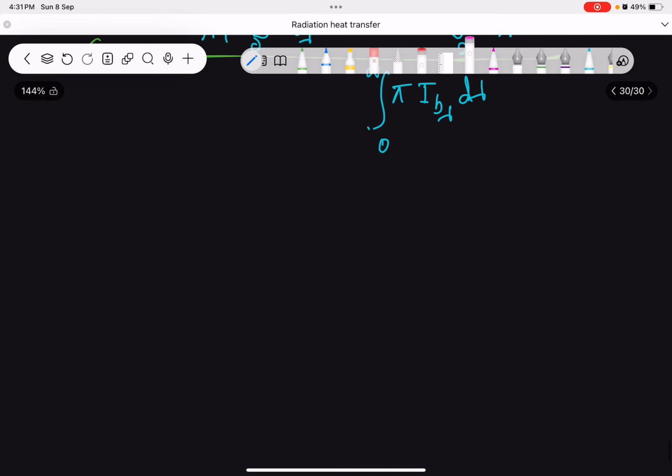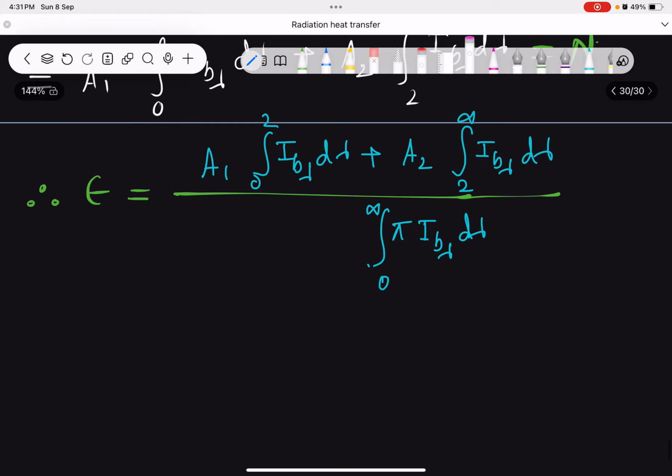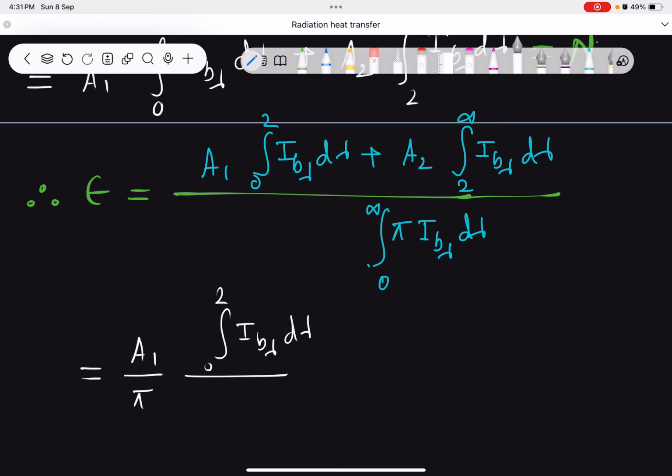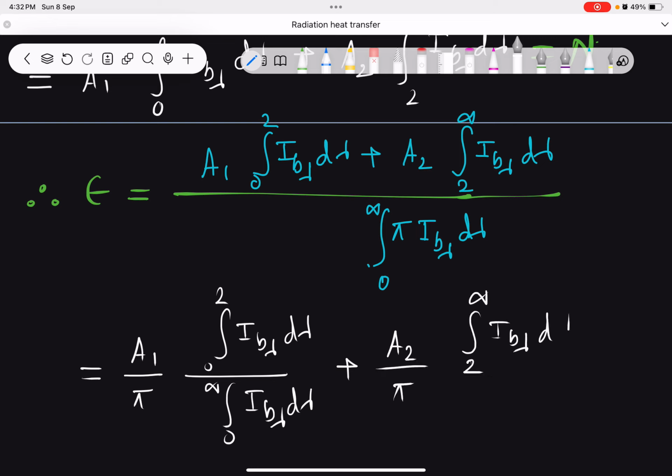Let me write it clearly. This thing is equal to, I can break it, a1 by pi, I can take that out, 0 to 2 Ib lambda d lambda by 0 to infinity Ib lambda d lambda, plus a2 by pi, 2 to infinity of this thing by 0 to infinity Ib lambda d lambda.